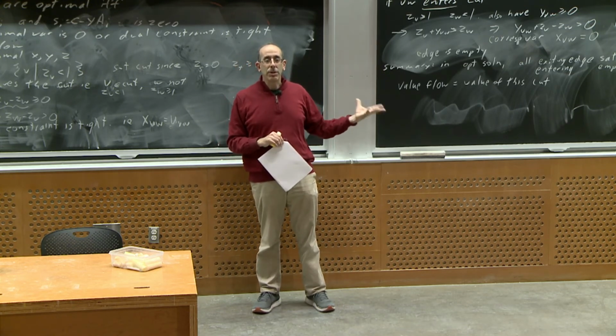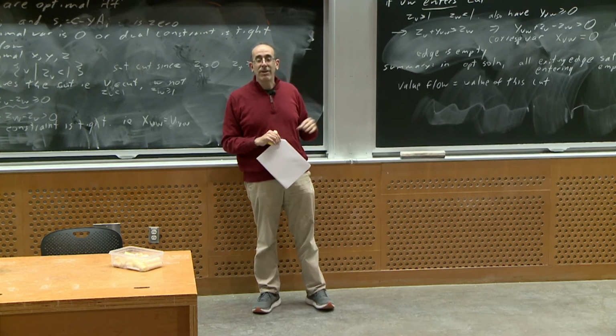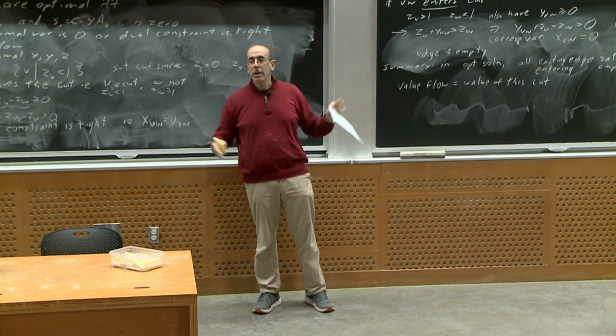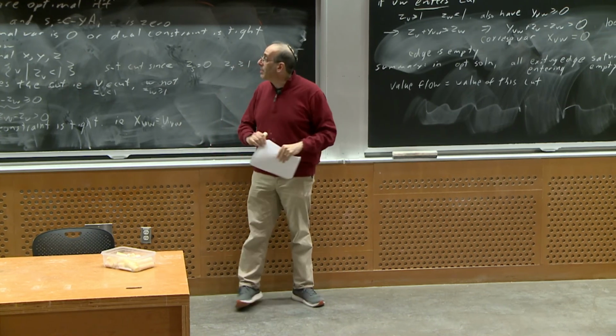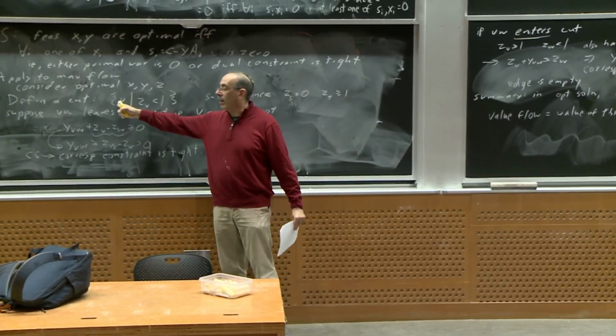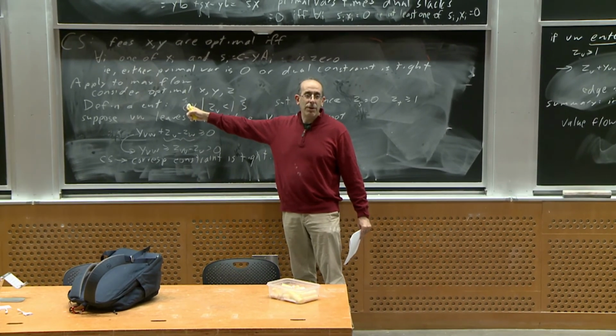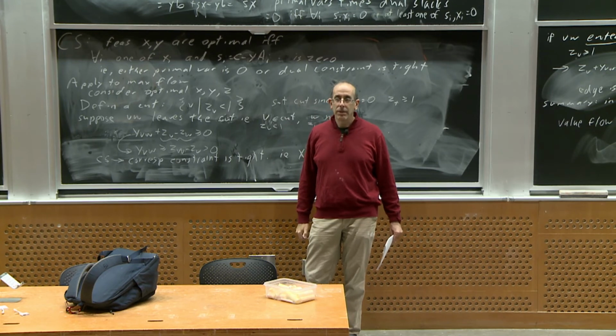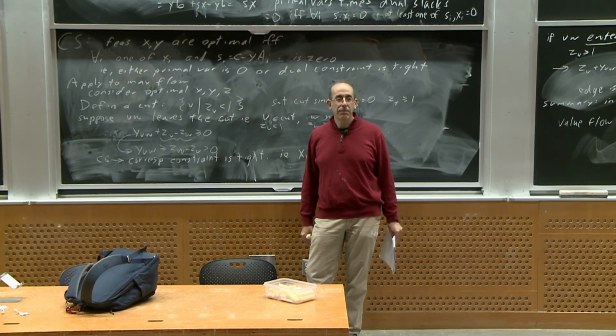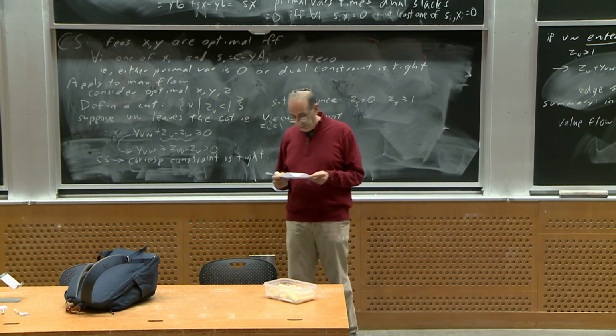So the optimum solution defines a cut. The optimum solution might be fractional, but this procedure defines an actual cut, even if the solution that you start with is fractional. It's called a rounding procedure because you've turned things into integers.